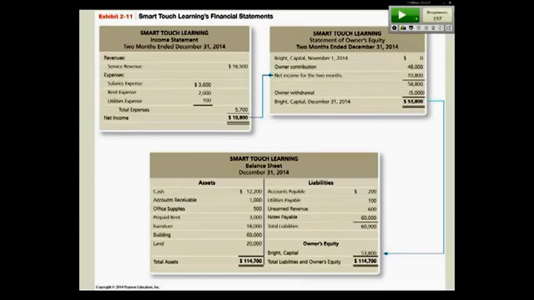So income statement prepared first. Net income from the income statement goes into the statement of retained earnings or owner's capital, and that gives you the retained earnings or the ending balance of capital, and that goes into the balance sheet. So all of the statements tie together, and that's known as articulation. So you have to be comfortable with the way the statements tie together.